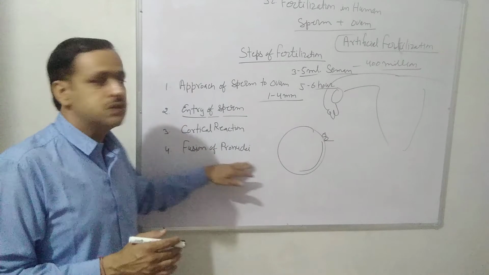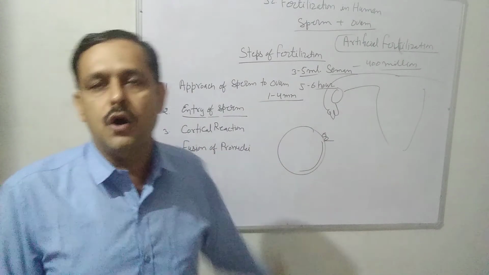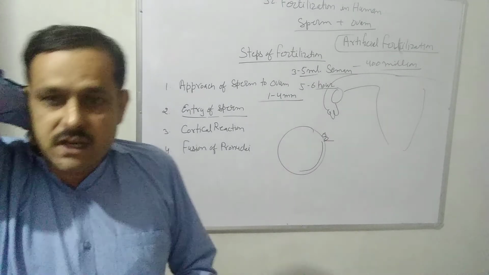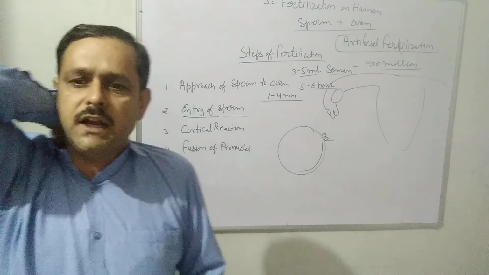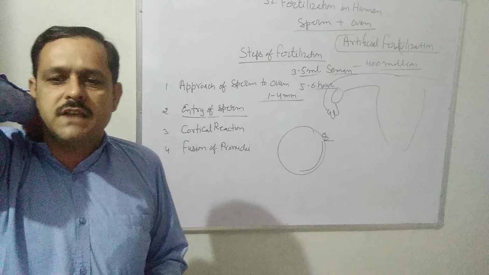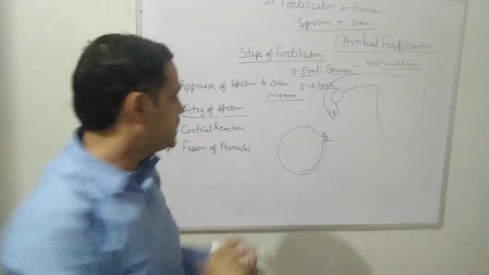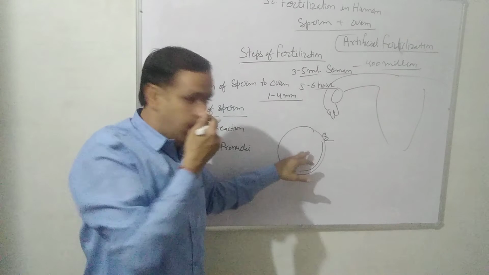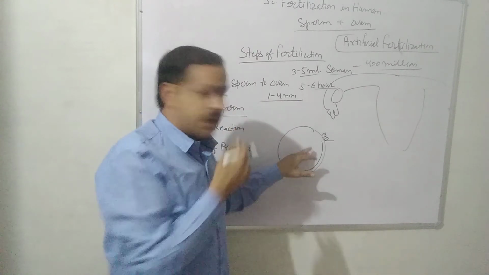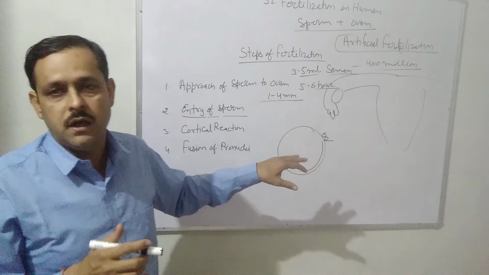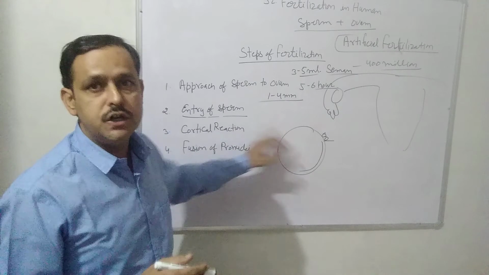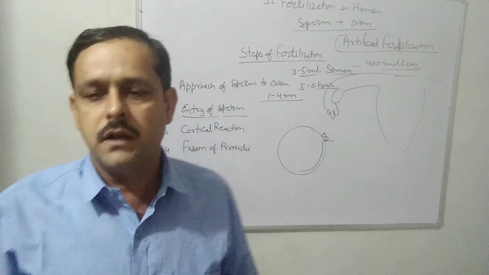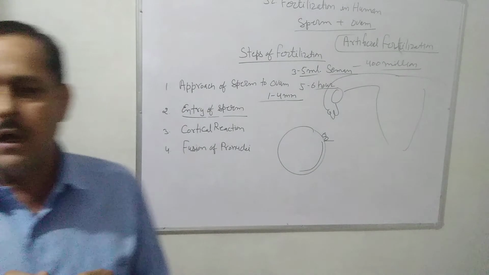Then comes the fusion of pronuclei. Entry of sperm into the ovum acts as a stimulation. As a result, the second maturation division takes place after entry of sperm. Means the second maturation division, or we can say the meiosis II, is held after entry of sperm into the ovum, or after the cortical reaction.